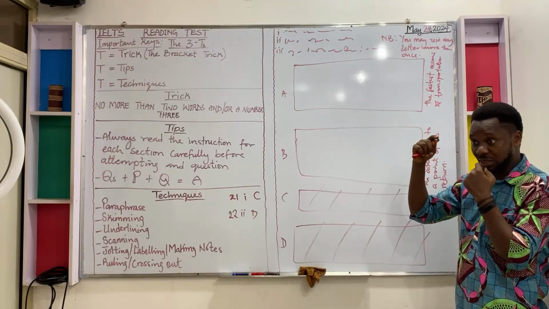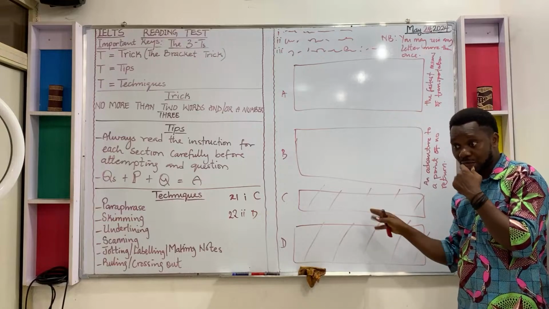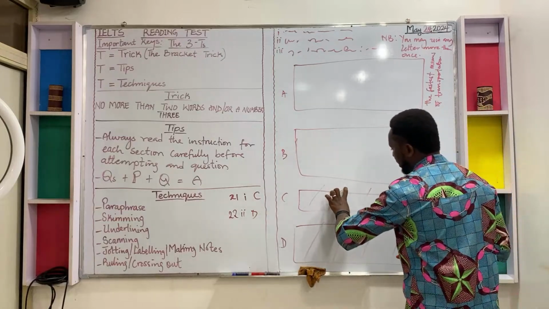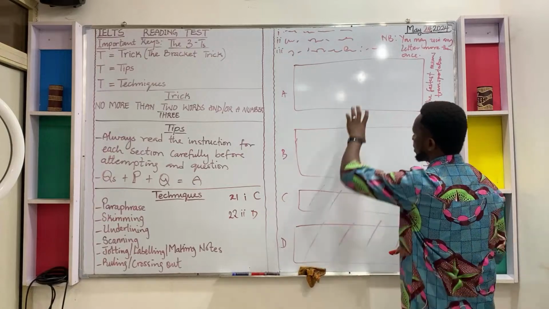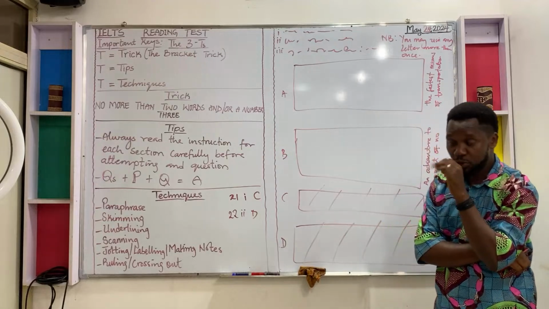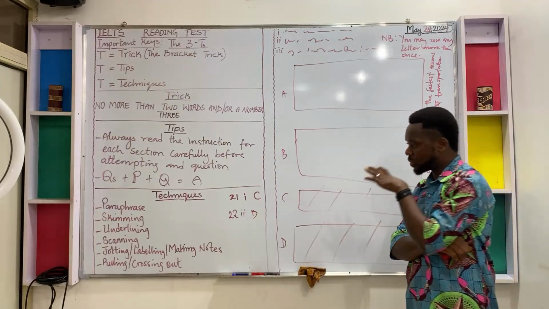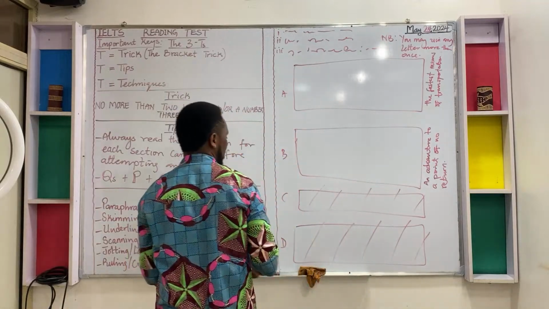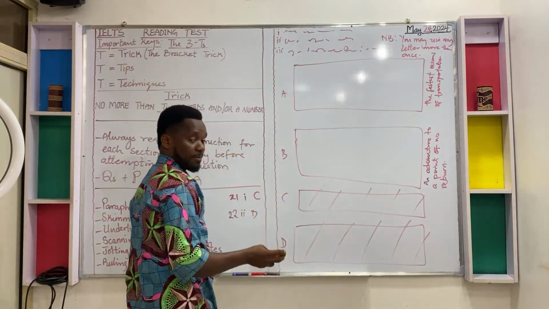When you don't find it in any of those, then you come back to the start, right? So by the time you have indicated here and here, you now have one and two as the next places you should be looking for answers. Is that correct? So that helps you to manage your time. So you need to learn to apply the ruling or crossing out techniques. Please, do you have any questions?